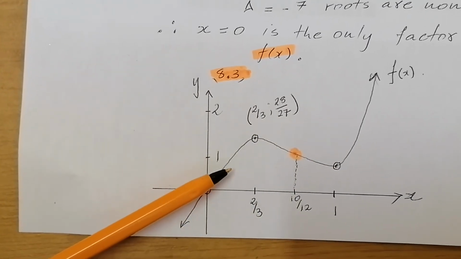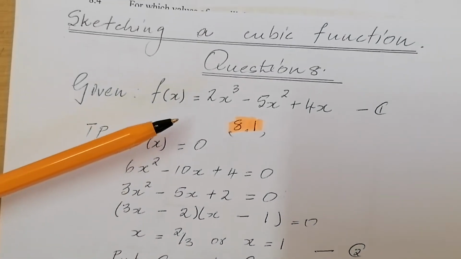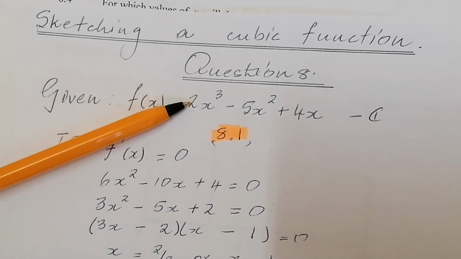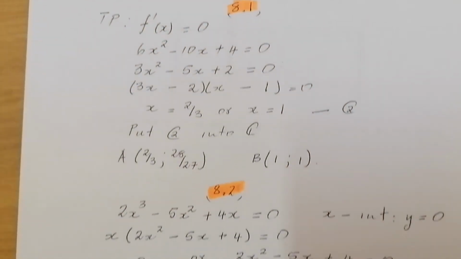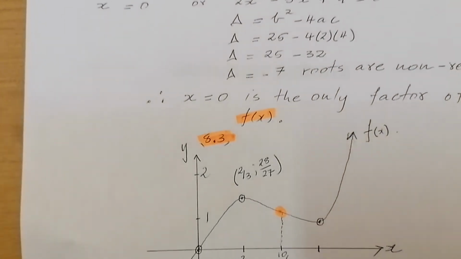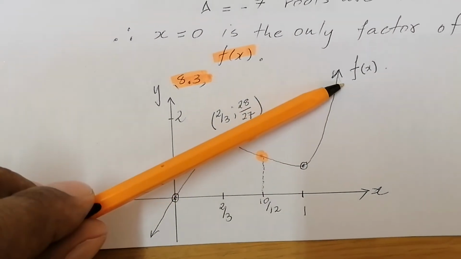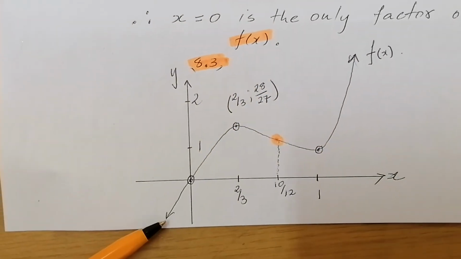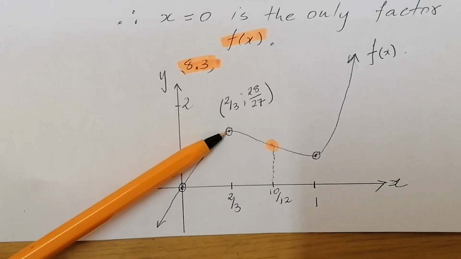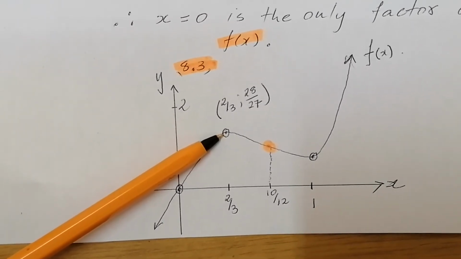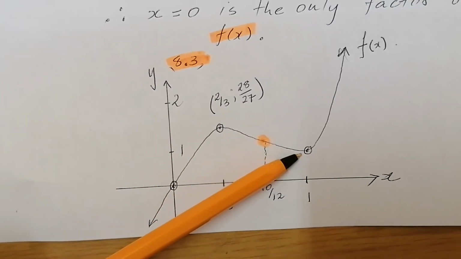Folks, you must remember very importantly, when a is greater than 0, the shape of your graph will be that. When a is positive, it will start from there, increase, be stationary there, and change direction, decrease.